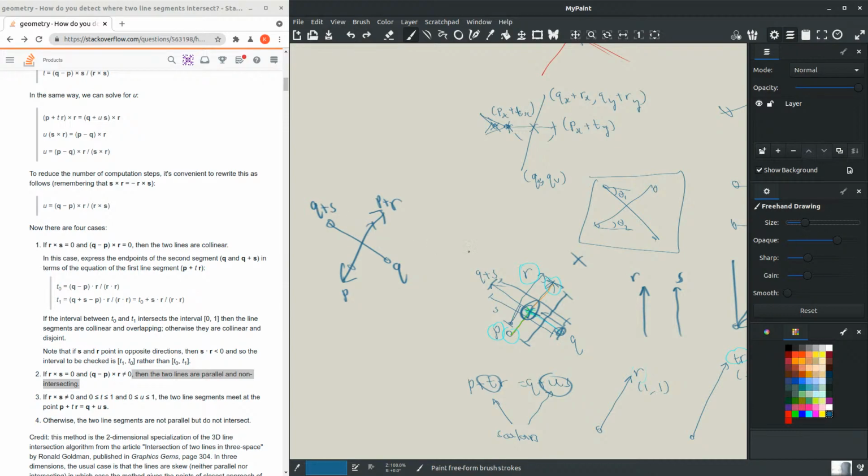Then what we're looking for here is any case where, looking at this equation here, U is less than 1 and greater than 0, but T can be any value and it would still be an intersection here.